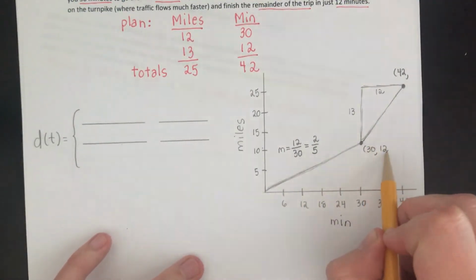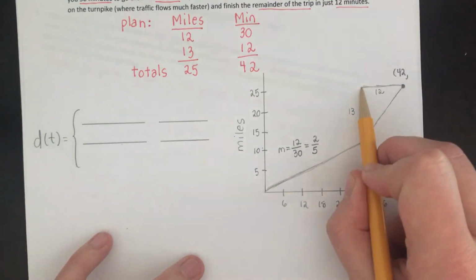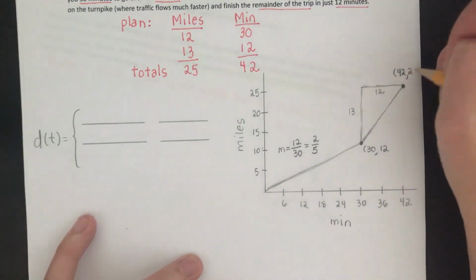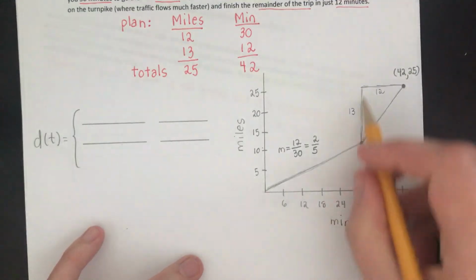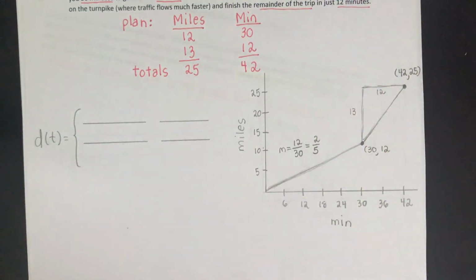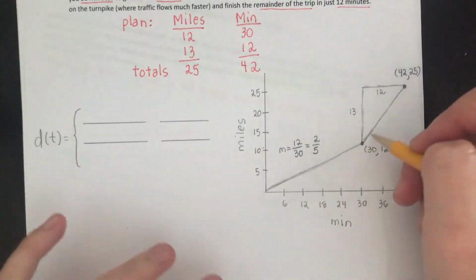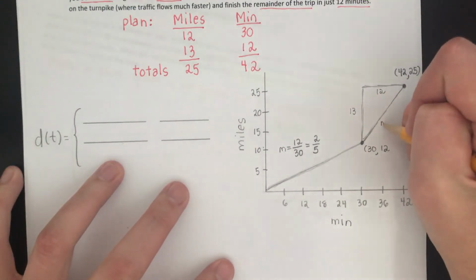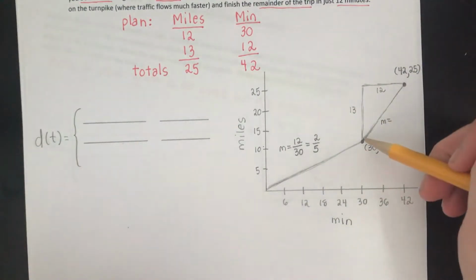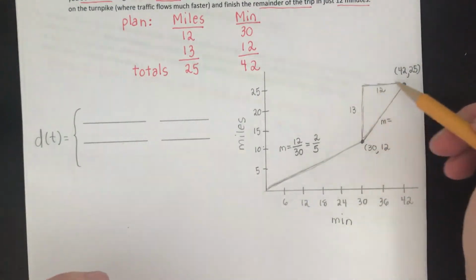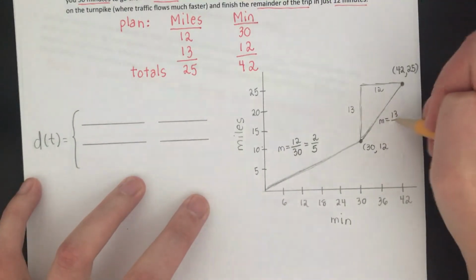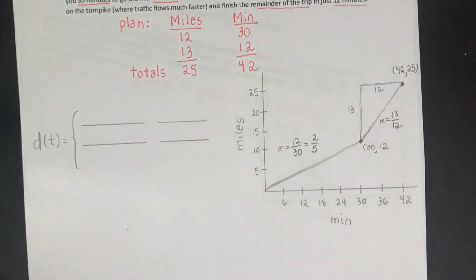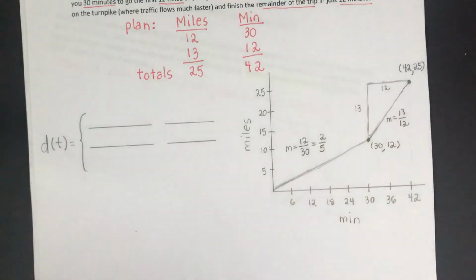Okay, and we were at a distance of 12 and we added 13, so that would be 25. Seeing this helps us label the next point. That also helps us with our slope. So our slope of this segment here is we're going up 13, right 12. So 13 over 12, that's our slope. Oops, I didn't close off that point.